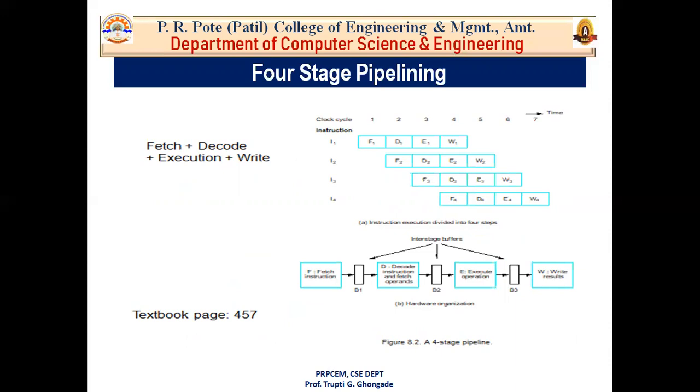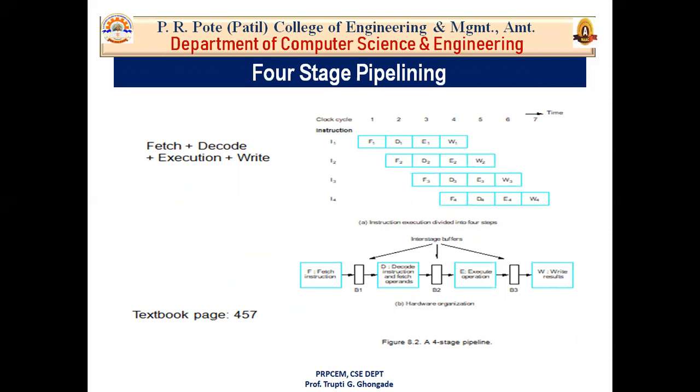So first, fetch your instruction number 1, then decode, then execute, and then write. But while decoding instruction 1, side by side, we are fetching instruction number 2. While decoding instruction number 2, side by side, we are fetching instruction number 3. So here what happens?